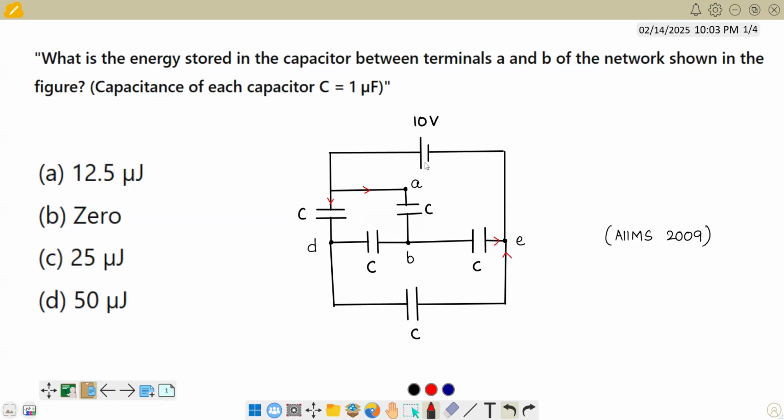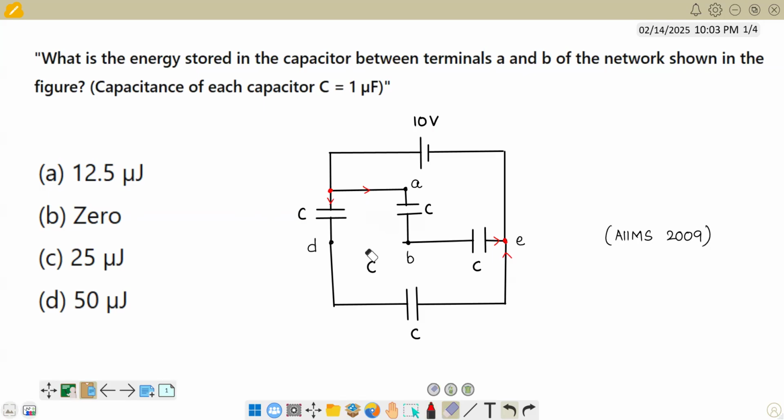Once these 2 conditions are satisfied, which one should I remove? Whichever capacitor the entry nodes and exit nodes are not touching, you remove that capacitor. See, this is an exit node, this is touching here, this is also an exit junction, this is touching here. This is entry, this is touching this capacitor, this capacitor.